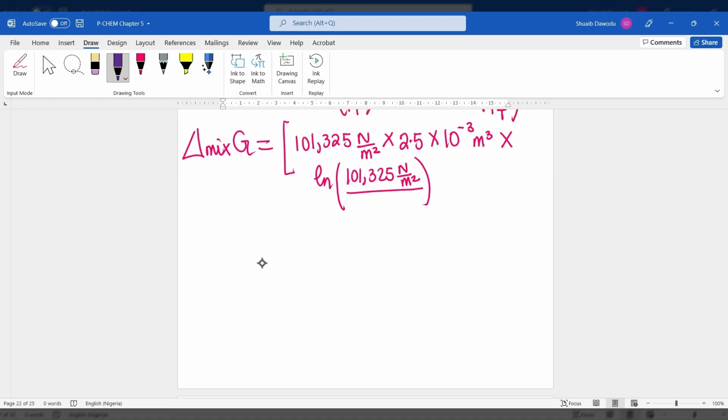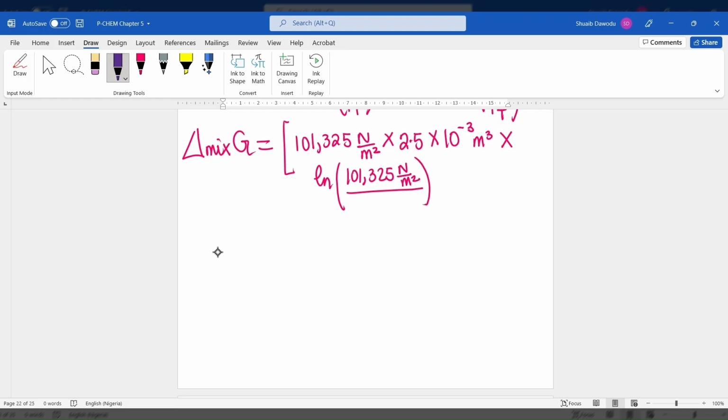Dalton's law of partial pressures states that the total pressure in a mixture of gases is equal to the sum of the partial pressure of each individual component. So if we have component A and component B, we just add up the partial pressure of A with the partial pressure of B. That's going to be the total pressure.